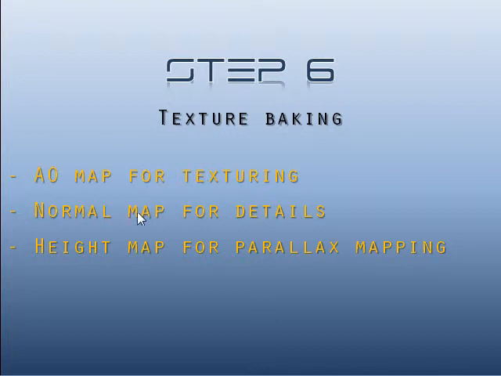The normal map will make sure that you can transfer your high poly data onto your low poly object without using many triangles. And the height map is a good feature, not a new feature because it was used ages ago, but it first appeared in Half-Life 2.